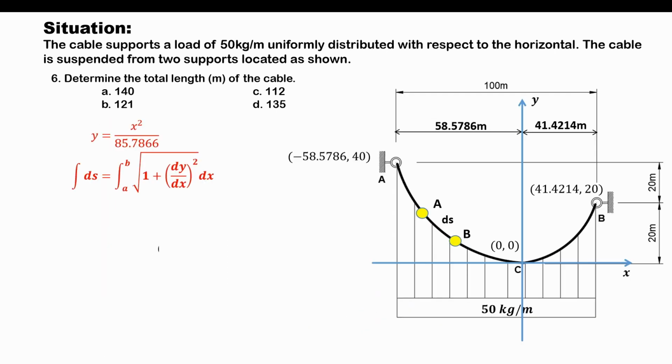So here's the summary of the equation of the cable, as well as the integral equation that we will be using in obtaining the total length of the cable. If you look at the formula that we've just derived, it contains dy and dx. Technically, this term pertains to the first derivative of the curve, in this case the first derivative of the equation of the parabolic cable.